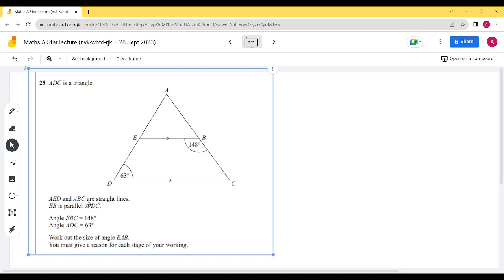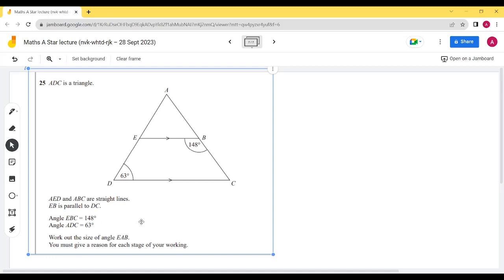We've got a picture of our triangle here, and we are told AED and ABC are straight lines. EB is parallel to DC. Angle EBC equals 148, angle ADC equals 63, and we need to work out the size of angle EAB. You must give a reason for each stage of your work.